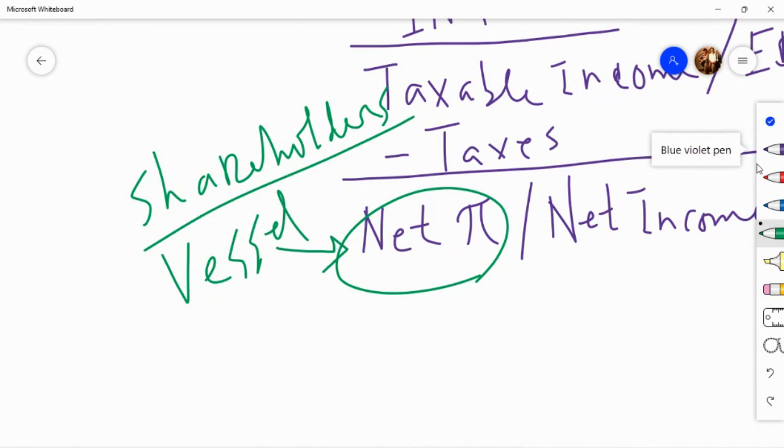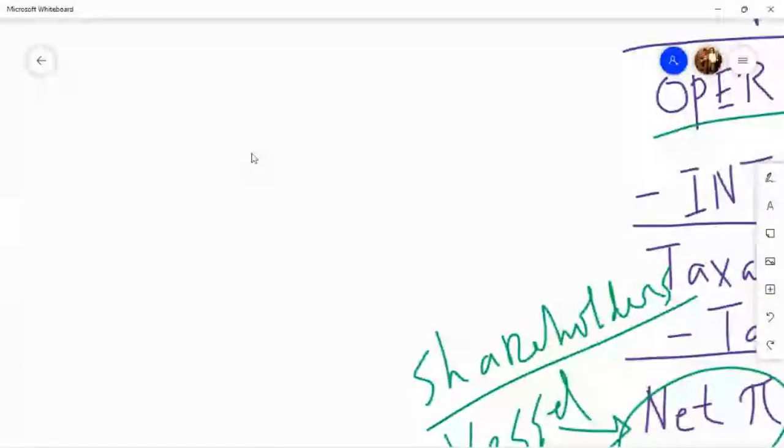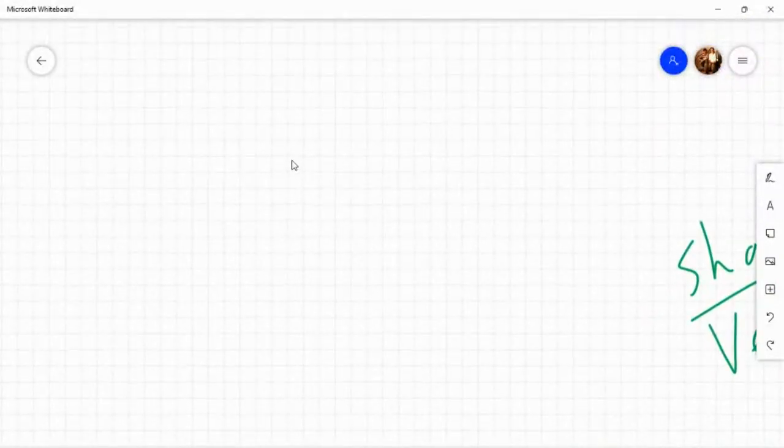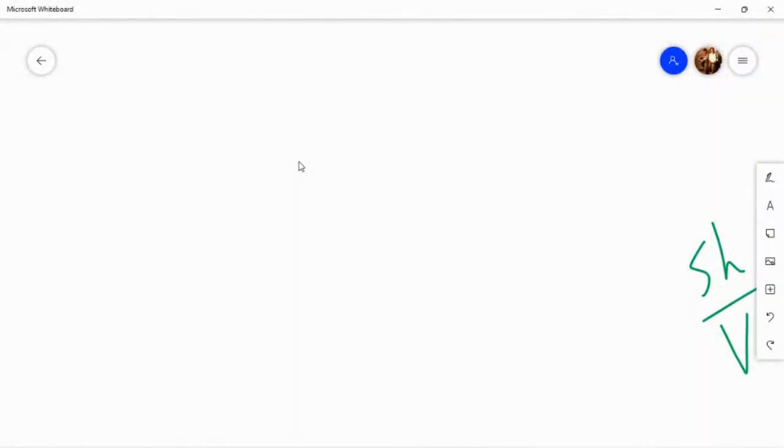Yeah, that's one. But to occupy a large market share, what should a company be like? What should the company be like? It should be, of course, a large company. But large company, how do you determine the large company? It must occupy a large market share.